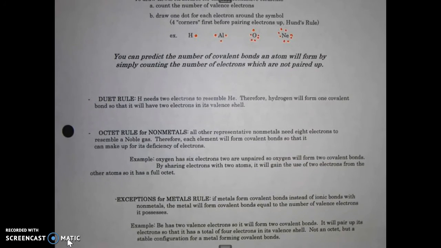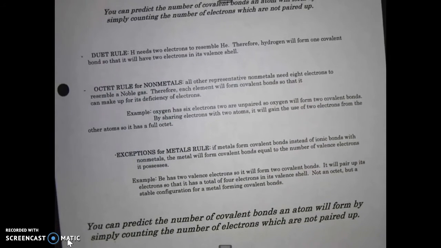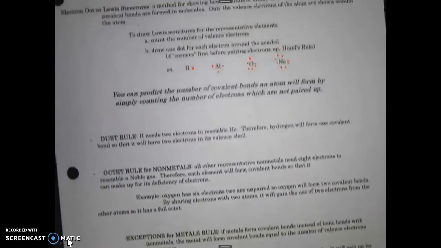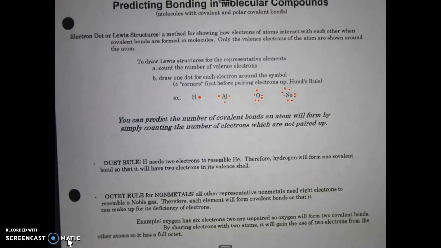And then finally, if you have metals forming covalent bonds, again, they don't do this except when they are bonding with hydrogen and a couple other rare occasions. But you only have to pair up the unpaired electrons. So even though aluminum has 3 of its own, if you pair it up, it only needs 6.